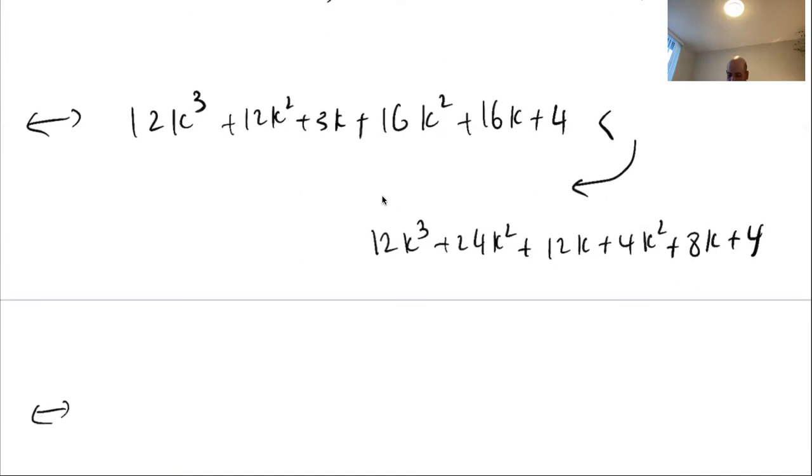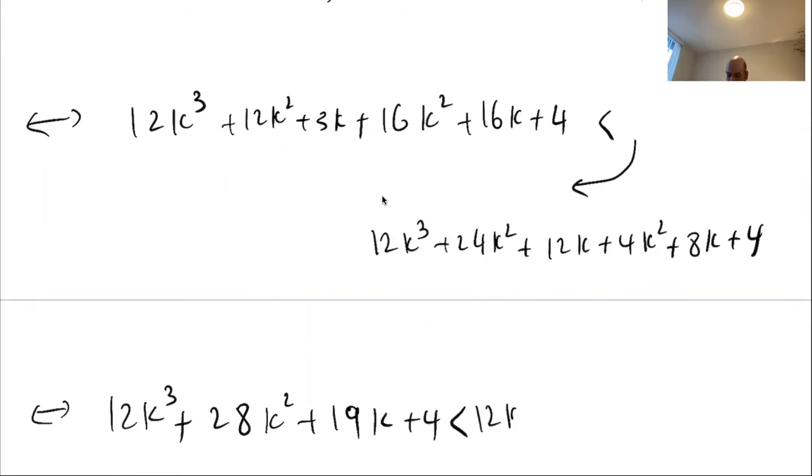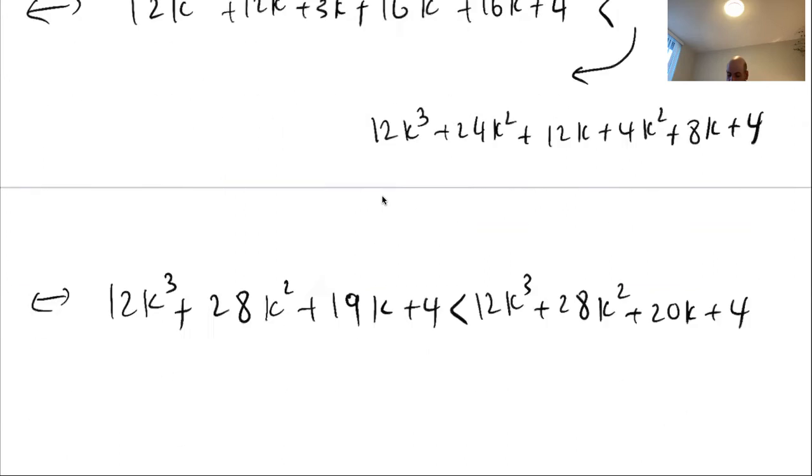This is equivalent to saying that 12k cubed plus 28k squared plus 19k plus 4 is less than 12k cubed plus 28k squared plus 20k plus 4.